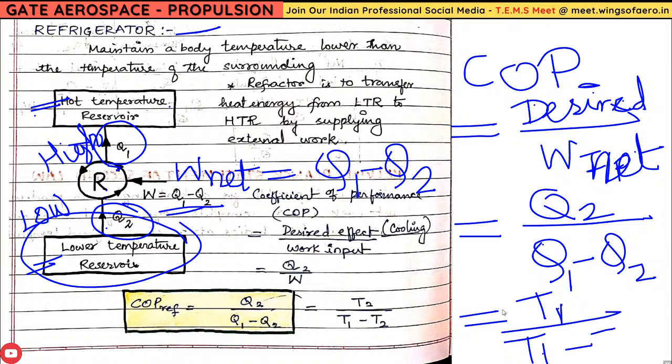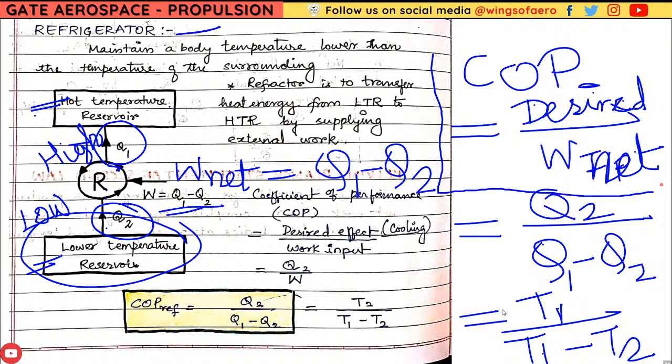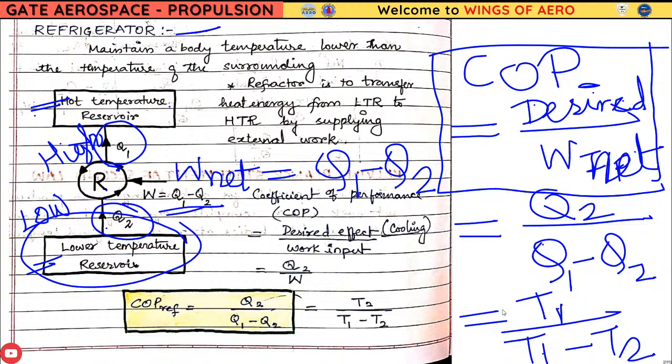This is a formula you have to remember. The COP formula is constant, but the desired effect varies based on the conditions. For the refrigerator, because it is giving the cooling effect, that is the desired effect, so we put Q2.